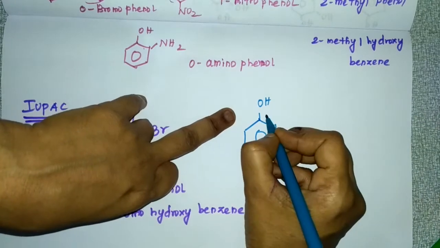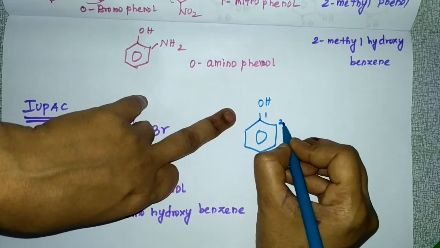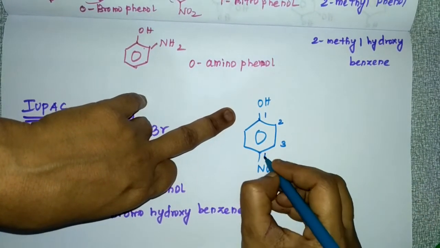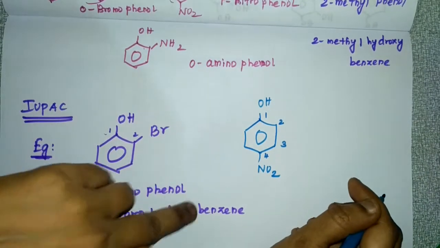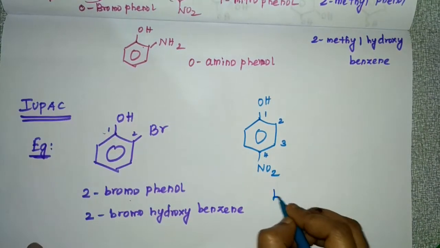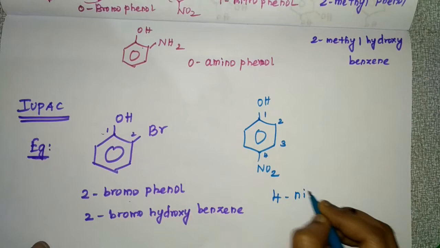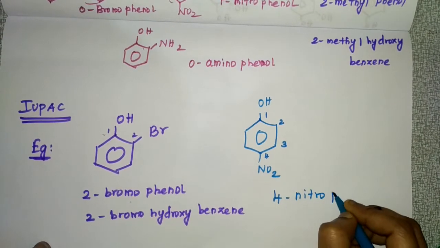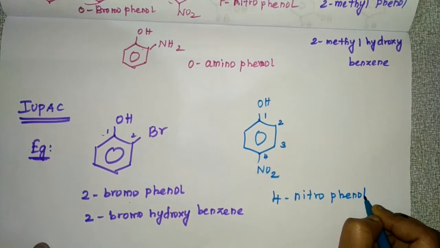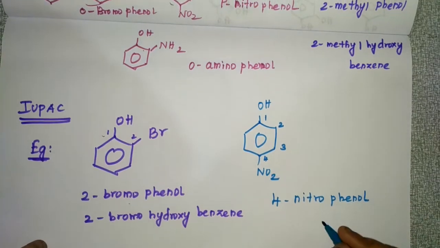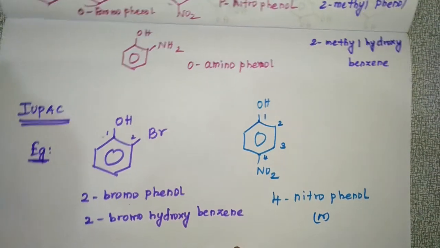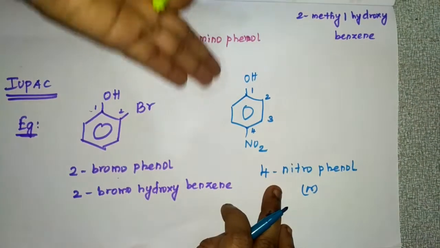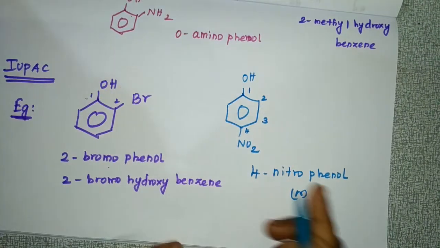You have to give the number to this OH first. Then it is 2, then it will be 3, and here it will be 4. So how will you name this one? 4-nitrophenol. Okay. Or you can name it, if you are naming according to hydroxy derivatives, what you have to do?